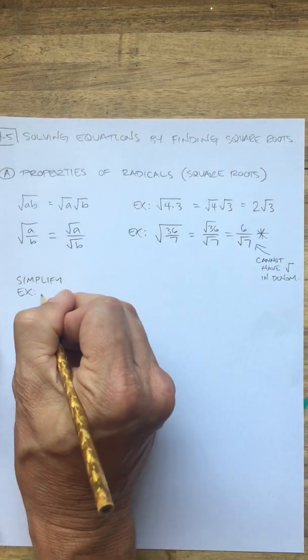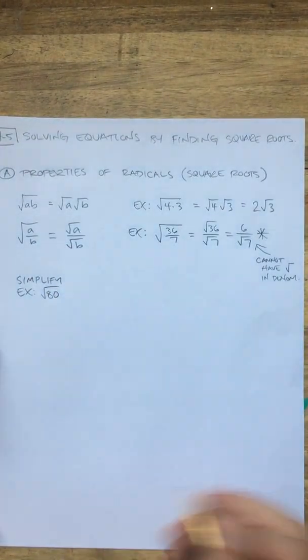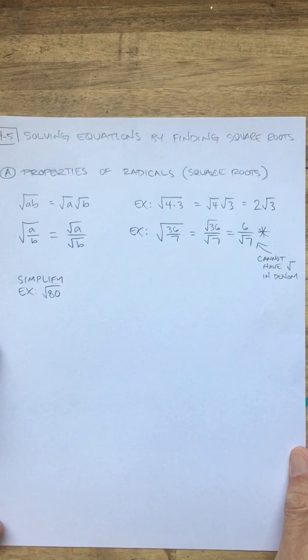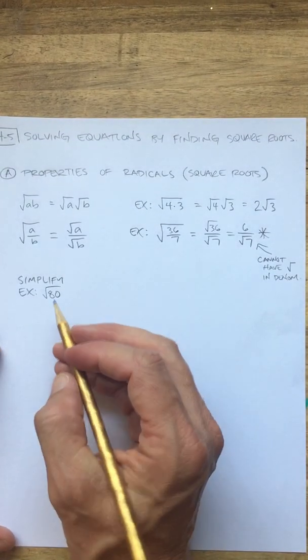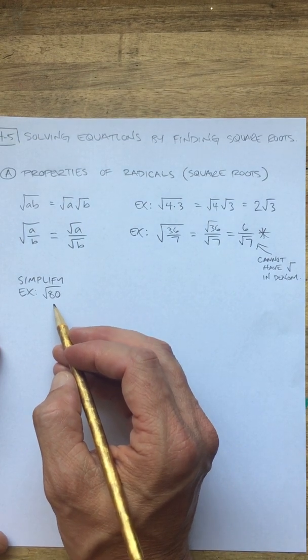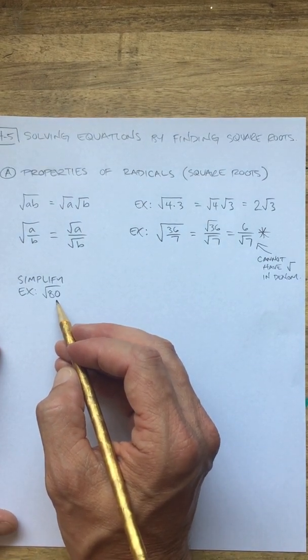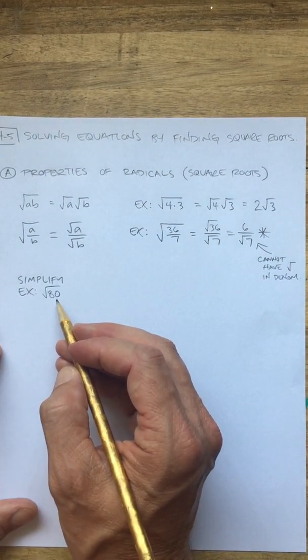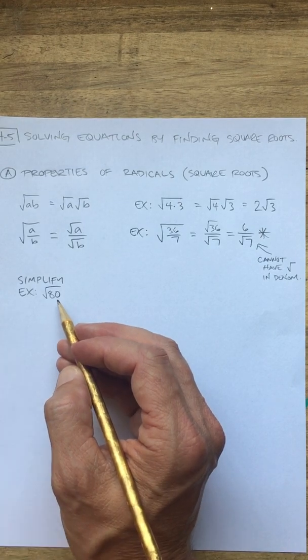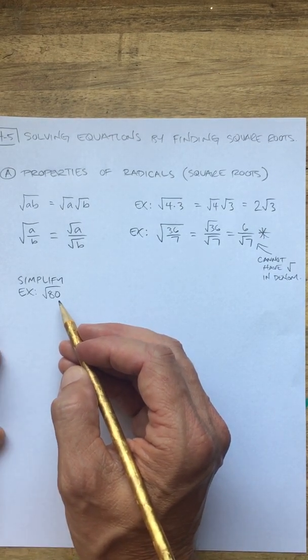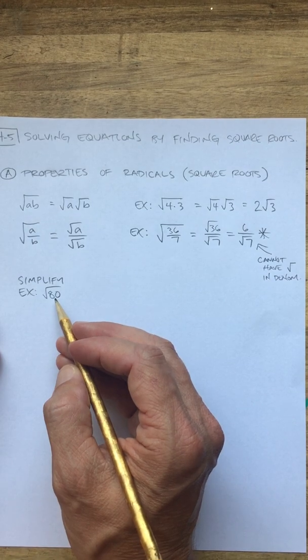Here's our first one to simplify, square root of 80. There's a ton of ways you could do this. I like to try to use perfect squares. Like 8 times 10, that's great, but it doesn't necessarily give you perfect squares. 20 times 4, okay? 4 is a perfect square.